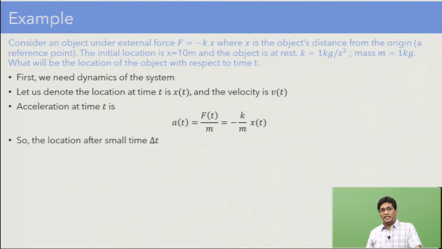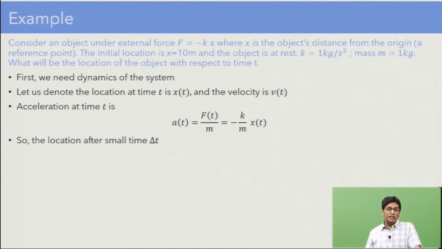If this is the acceleration and we focus only on a small time duration, then we can assume the acceleration is uniform in that small time. Acceleration is also changing with time, but if we look at a very small time interval, then the acceleration looks uniform or constant, and the change in the velocity will be given by acceleration multiplied by the time interval.